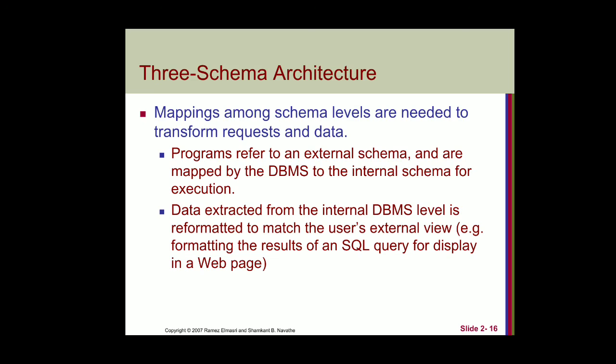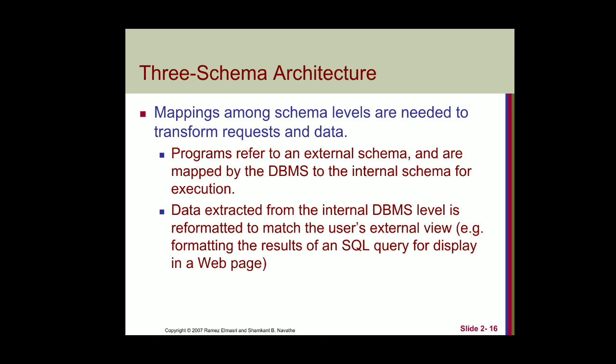Mapping among schema levels is needed to transform requests and data, right? As I already said, why we require mapping is because we want to map the user to the database. When a particular user is requesting some information, for him the same information has to be sent back.